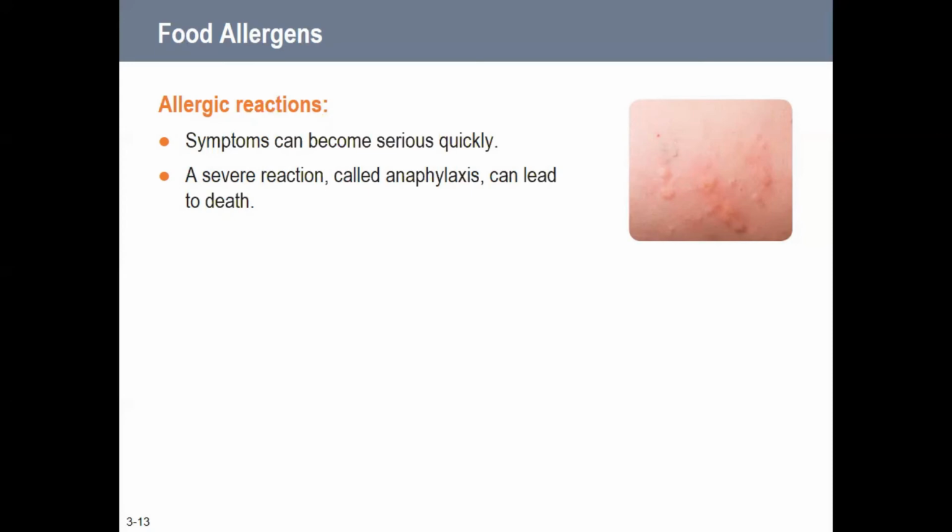So if somebody's having an allergic reaction, one of the first things we want to do is make sure we're calling an emergency number to get people there. If they are allergic to something, a lot of times people know it and they carry things with them, whether it's Benadryl or an EpiPen, to help prevent that allergic reaction from becoming worse or even fatal.